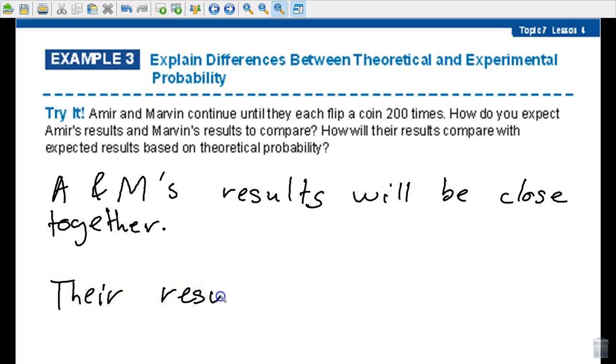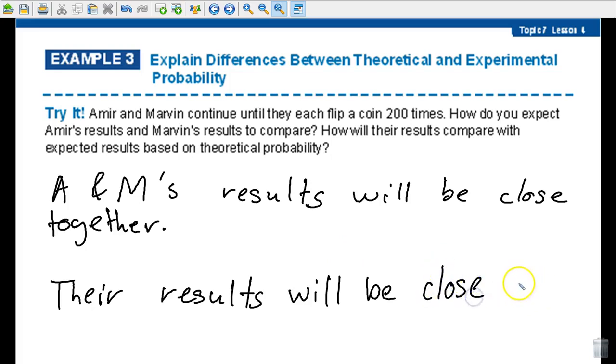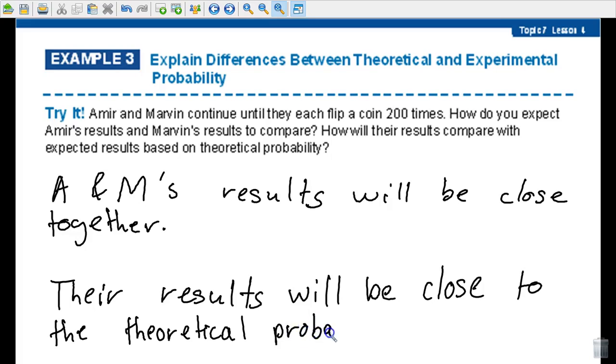Their results will be close to the theoretical probability, but will not be exact.